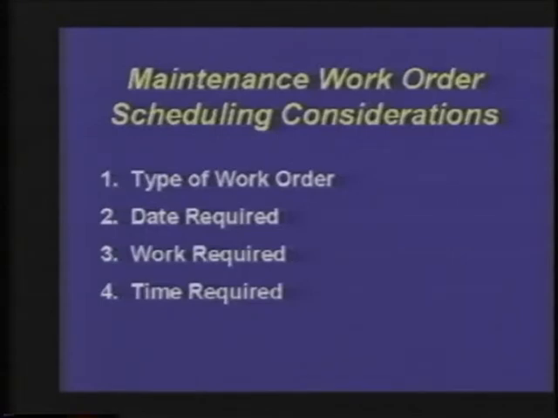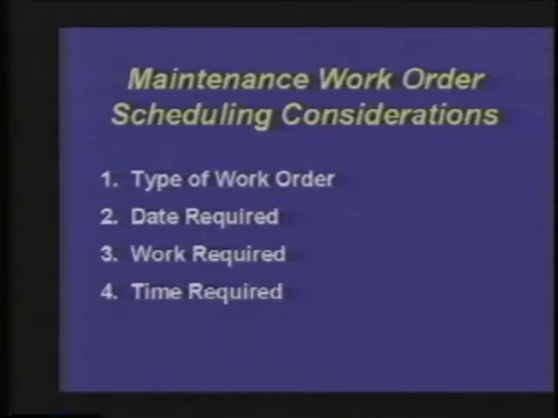The time required is the sum of all of the time elements that are on the maintenance work order. Preparation time would be developed independently of the other times. The travel to and from the job sites, those times would be estimated independently of other times.